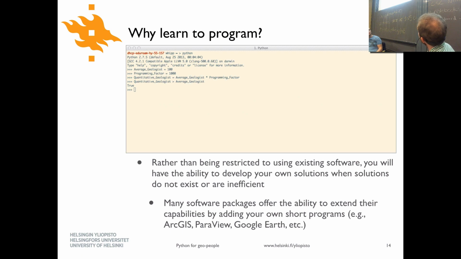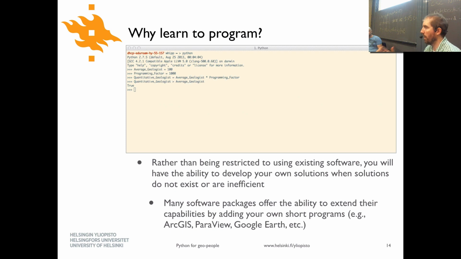In addition, programming gives you a kind of Swiss Army knife, in the sense that it allows you to solve a lot of problems with one skill, and it makes you very flexible. If you have a piece of software that can do something, but it doesn't do what you want, you have the potential to write your own program to do what you want.